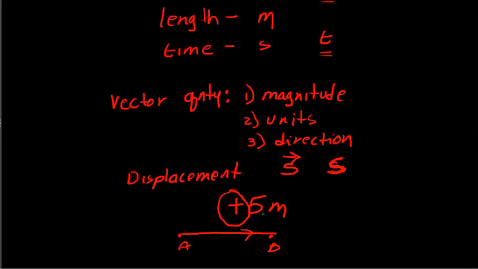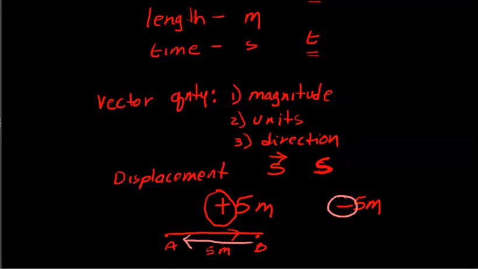And the displacement is 5 meters. So this distance will be 5 meters from A to B. Now if I say displacement equals minus 5 m, this is a completely different story. This means the body is going from B to A in the opposite direction. And that is why we use a negative sign. So negative sign basically tells us that the direction has changed.